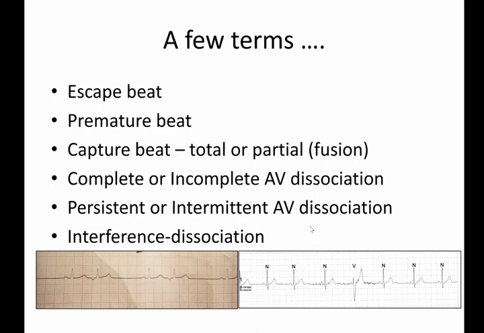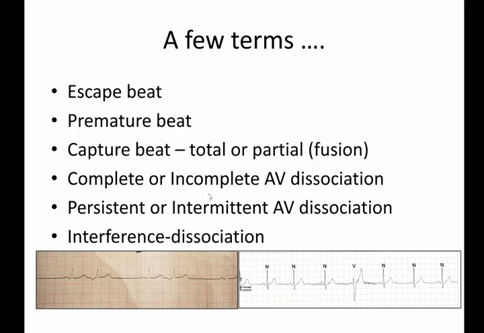So the ventricular activation occurs as a result of fusion of activation from the atrial beat which conducts from the normal AV node His-Purkinje system, as well as from the ventricular tachycardia or whatever the ventricular pacemaker was. And so this is known as a fusion beat.